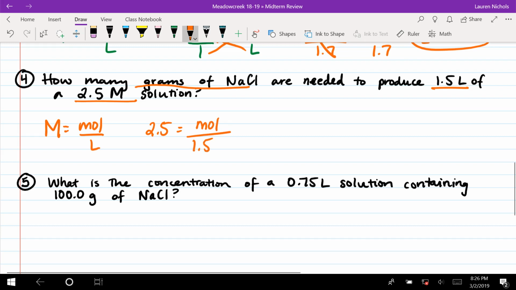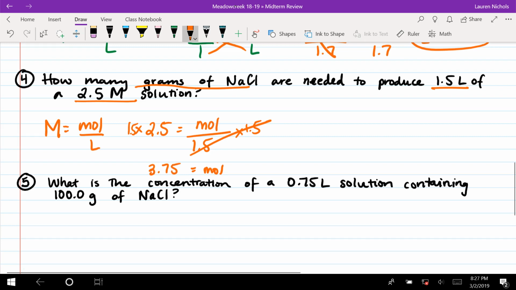And so again, if we want grams, but we can only solve for moles right now, so I multiply by 1.5 on both sides, and that will cancel out. And my moles would be equal to 2.5 times 1.5, which gives us 3.75 moles.